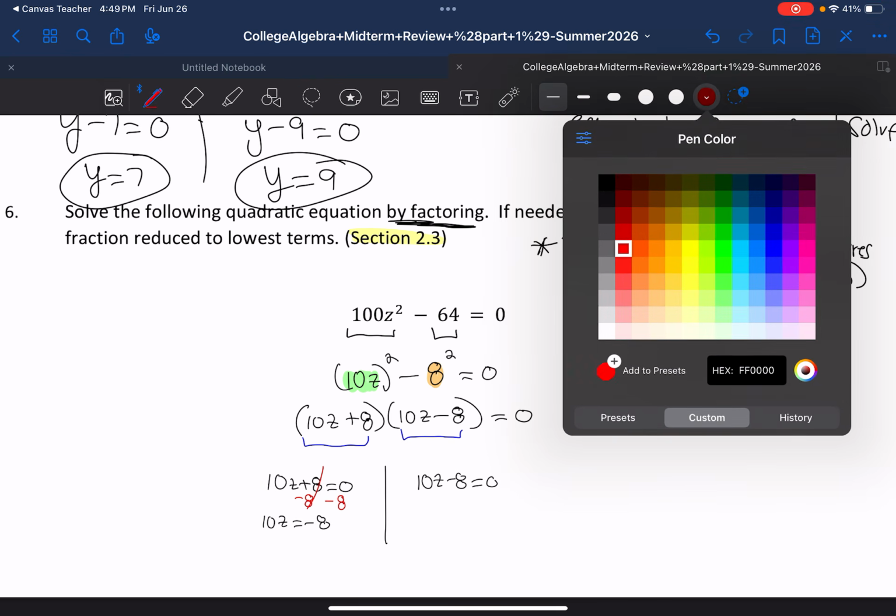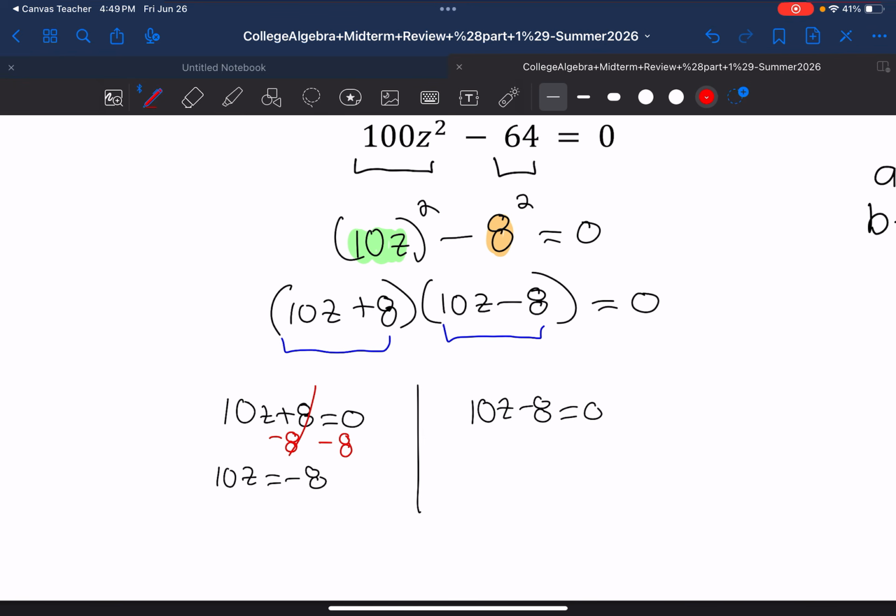And then divide both sides by 10 to get rid of the 10. So z would be equal to negative 8 over 10, but that reduces to negative 4/5 because both of those can be divided by 2. So that's one answer. And then on the other problem, I need to add 8 because it's being subtracted there.